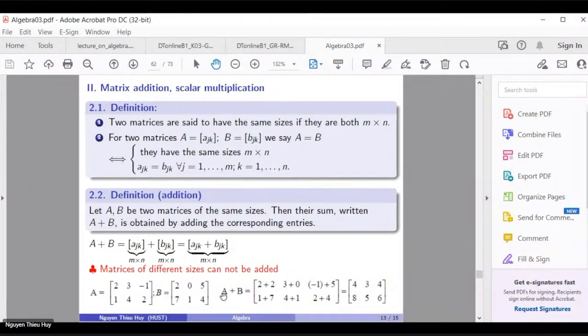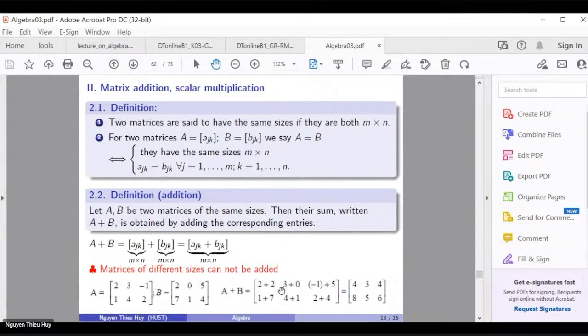Then we add the corresponding entries. The entry in the first row and first column is added with the entry in the first row and first column of the other, 2 plus 2. And the first row and second column is added with the first row and second column. Correspondingly, this is easy.